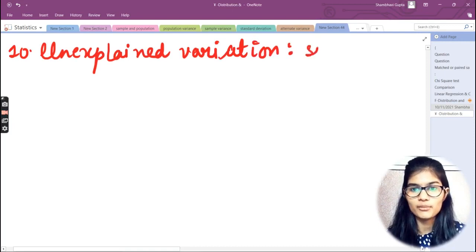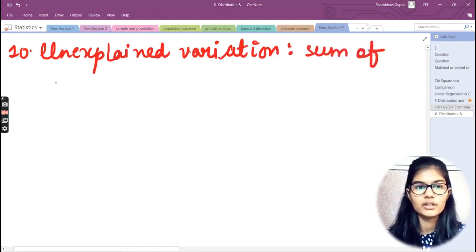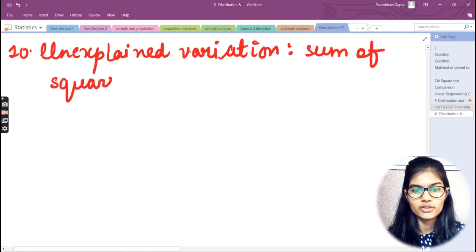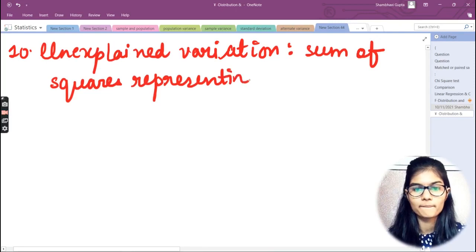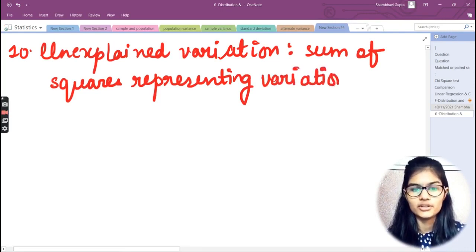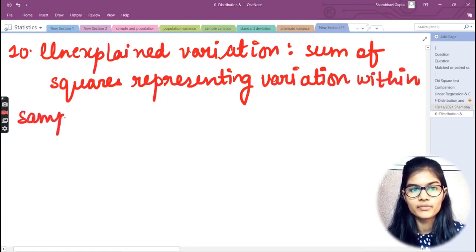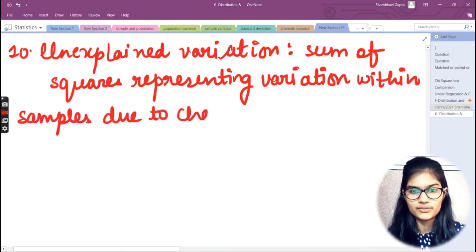It is a sum of squares representing variation within the samples due to chance.